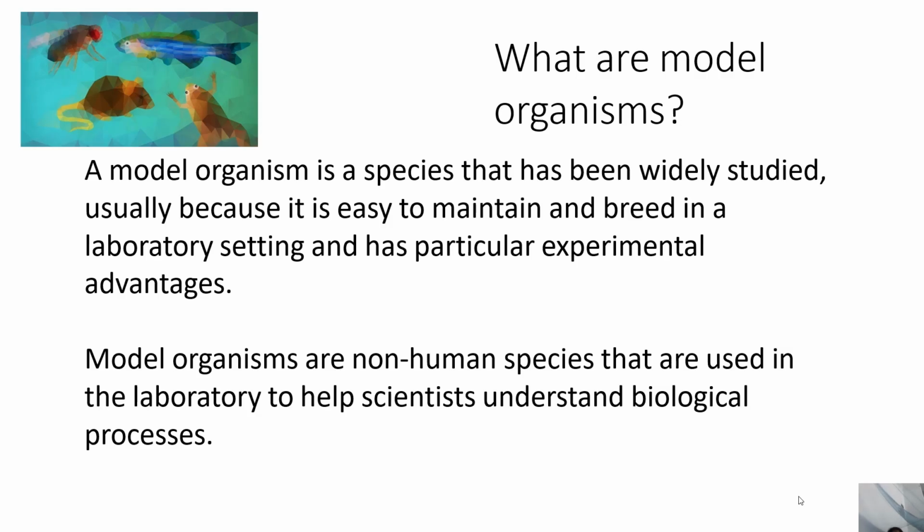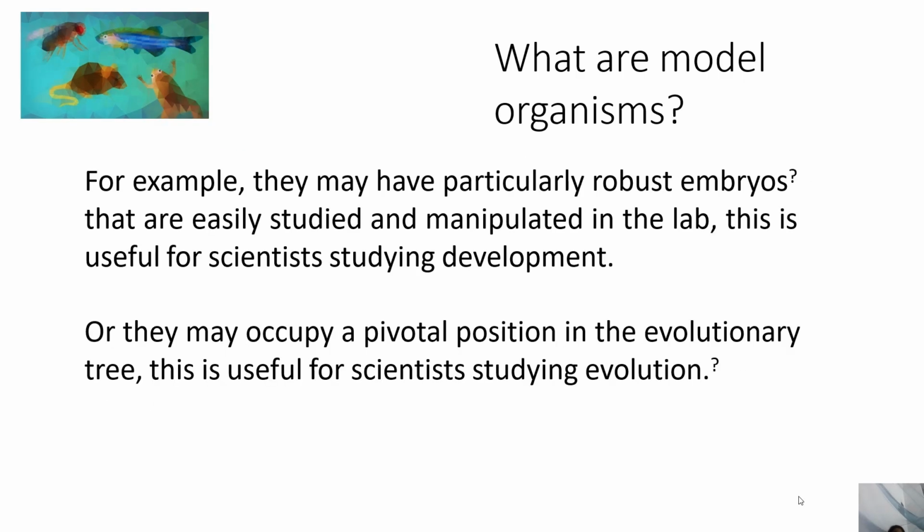Model organisms are non-human species used in the lab to help scientists understand biological processes. For example, they may have particularly robust embryos that are easily studied and manipulated in the lab, which is useful for scientists studying development. Or they may occupy a pivotal position in the evolutionary tree, which is useful for scientists studying evolution.